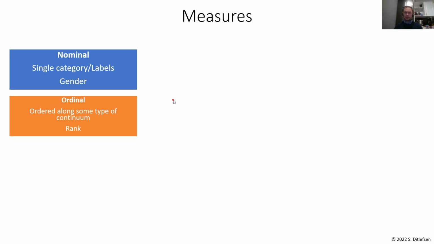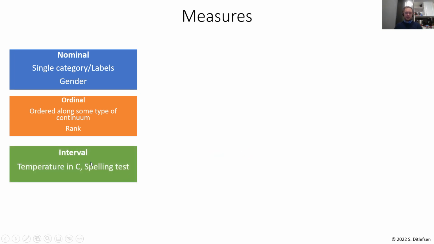Football team, who won, who is number 1, who is number 2. And we have nominal, we have an O here. We don't have an O here, so this is like a trick that I use. So nominal, single category labels, ordinal, rank.